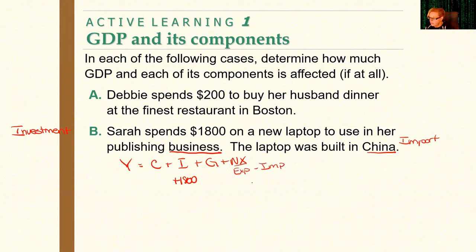Because this was an import from China, it's negative 1,800, the two cancel each other out, and we end up with a GDP change of 0, which is one reason why many economists don't like the idea of imports, because it does decrease our GDP. Some argue, however, that it does create jobs in other sectors. So I'll let you be the judge.